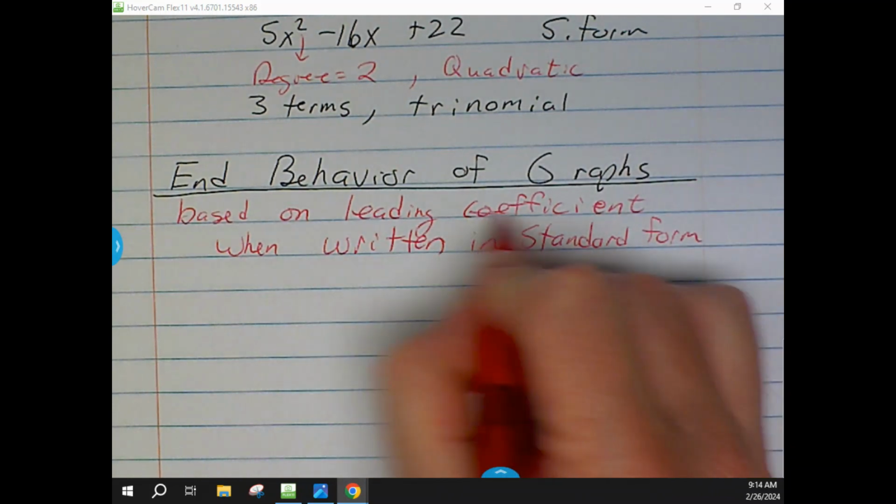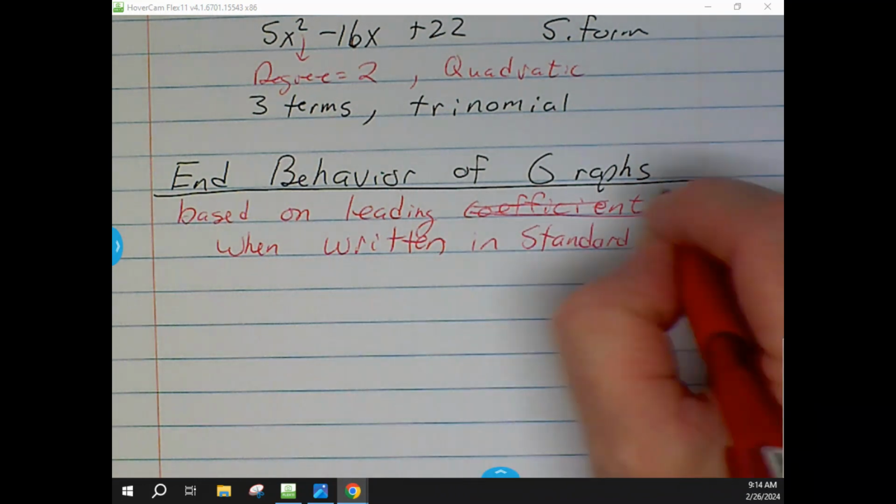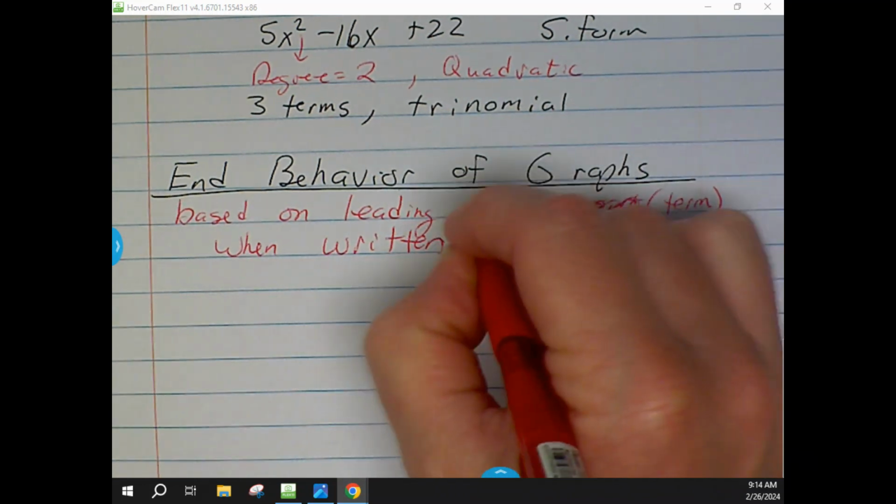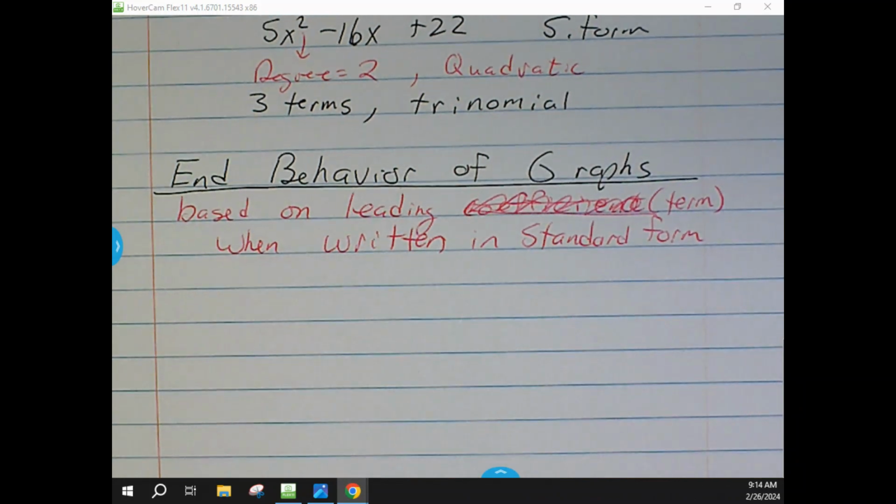Actually, I should have said leading term, my bad. If you got leading coefficient, just put leading term here at the end. So the leading coefficient is just the number. When we talk about the leading term, it's the whole thing. It's not just the number. It's everything that we're looking at for this part.